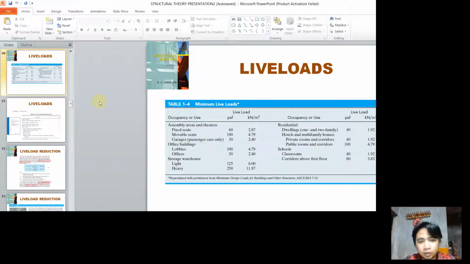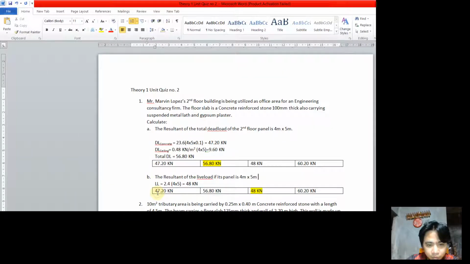The table for an office facility, for SI unit, again we have 2.4 for that. So that will be our reference. 2.4 by the area is 48 kilonewton. So that will be our answer for letter B.